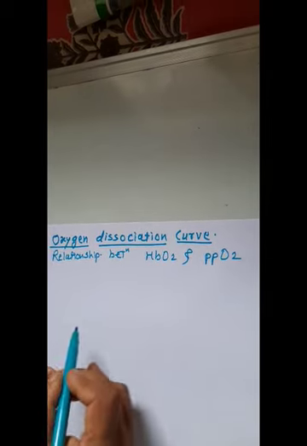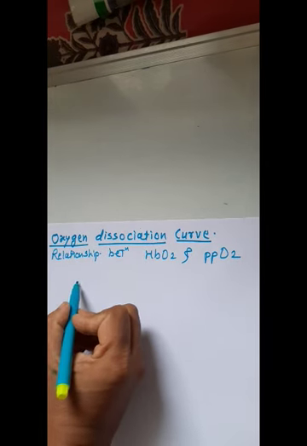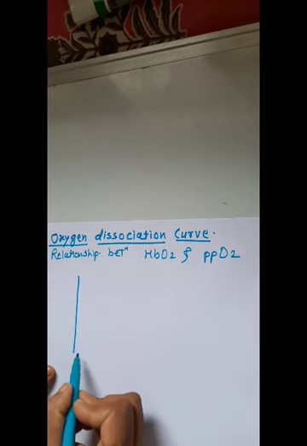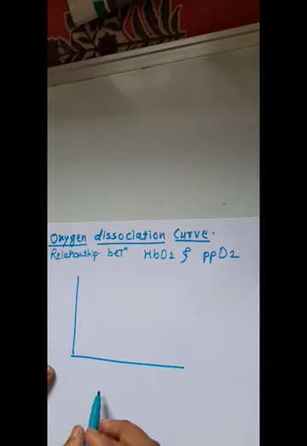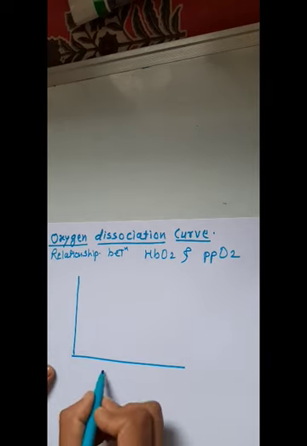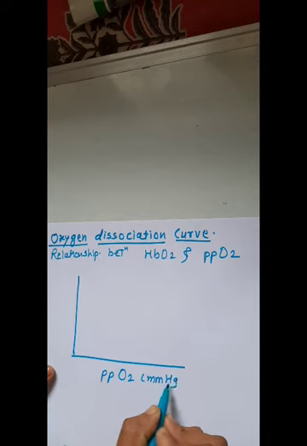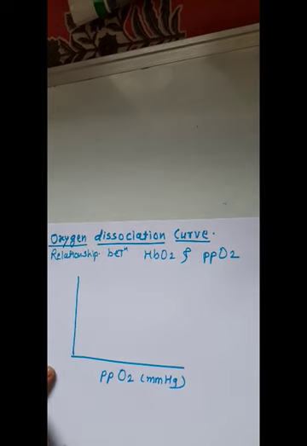That is, when we plot the graph, suppose this is the graph, with oxygen tension in mmHg here, and here the O2 saturation, HbO2 saturation.